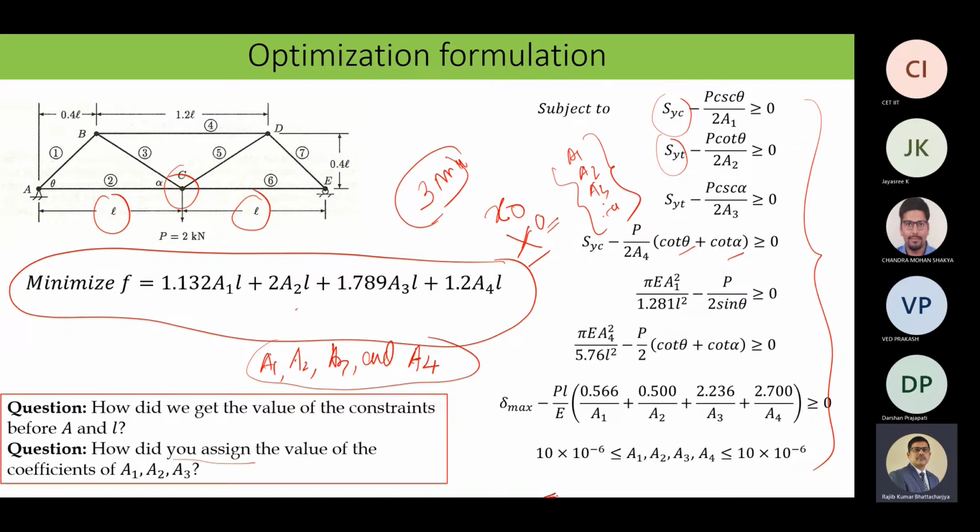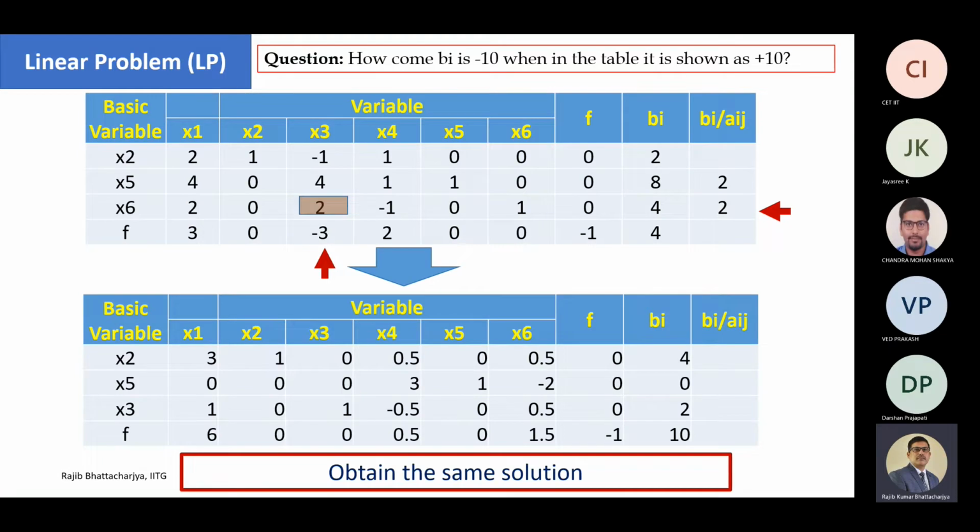These are some of the questions I have received. Another question was again related to an LP problem, about BI. BI is 10, showing a positive 10, but the questioner thinks it should be negative 10.